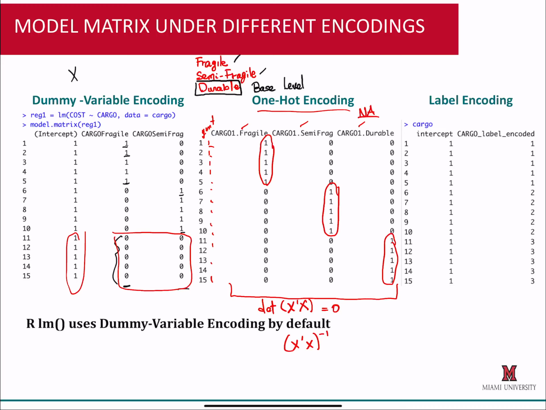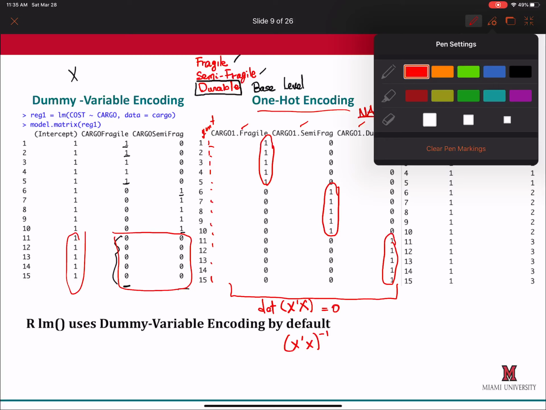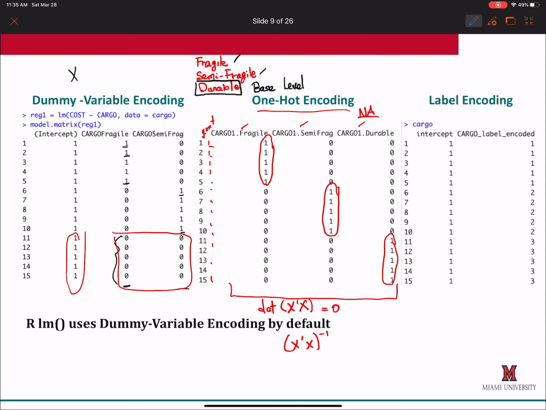So one-hot encoding, we're not going to use for multiple linear regression, but you need to be aware of this encoding, because if you use libraries other than the lm function in R, or other software like Python, you might have to do the encoding yourself.